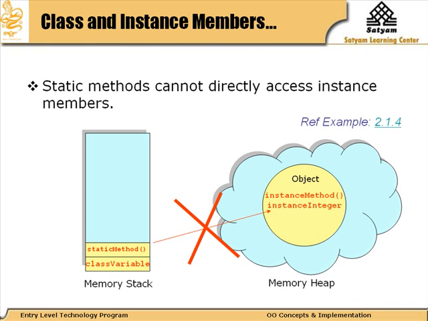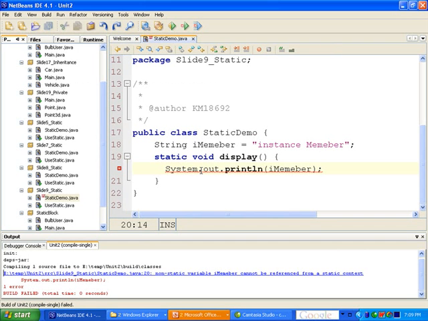Now let's refer to an example. In this example, I have used an instance member iMember and a class member static void display, from where I'm trying to print the instance member iMember, as you can see at line 20.